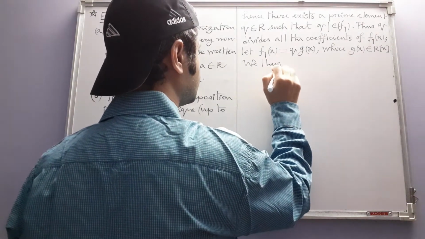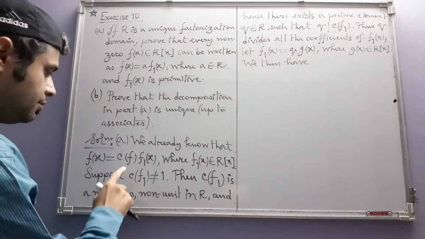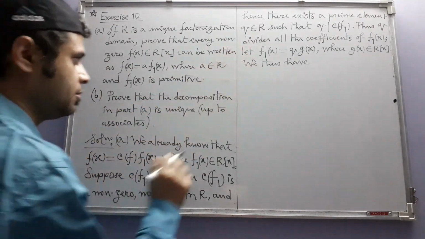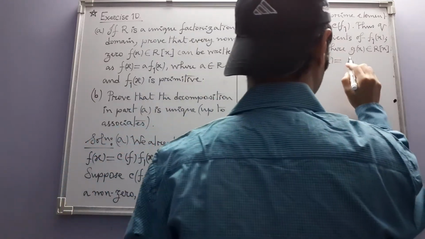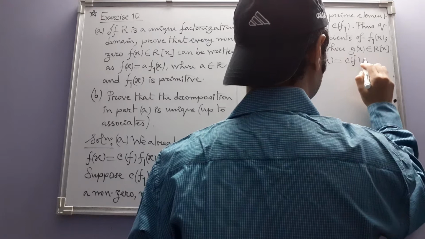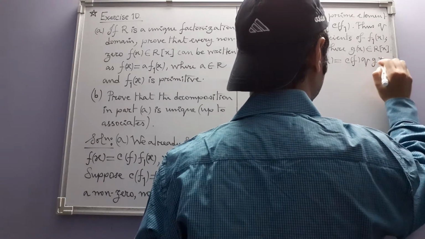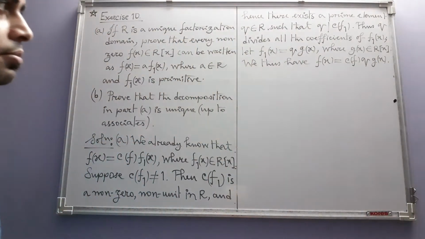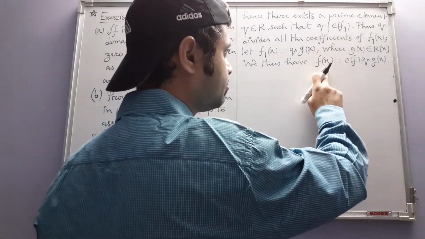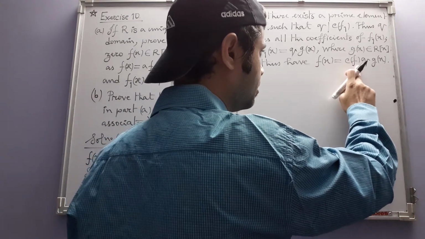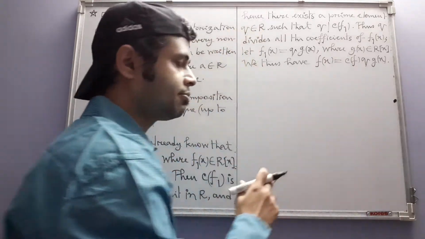We thus have, so we can use that decomposition here and write f(x) equal to c(f) q times g(x). So you can now see that all the coefficients of f(x) are divisible by this ring element c(f) times q.